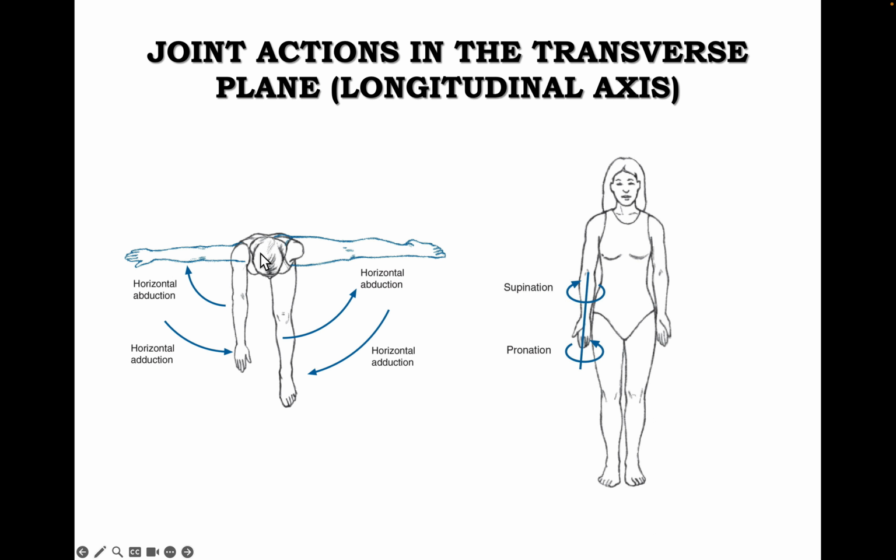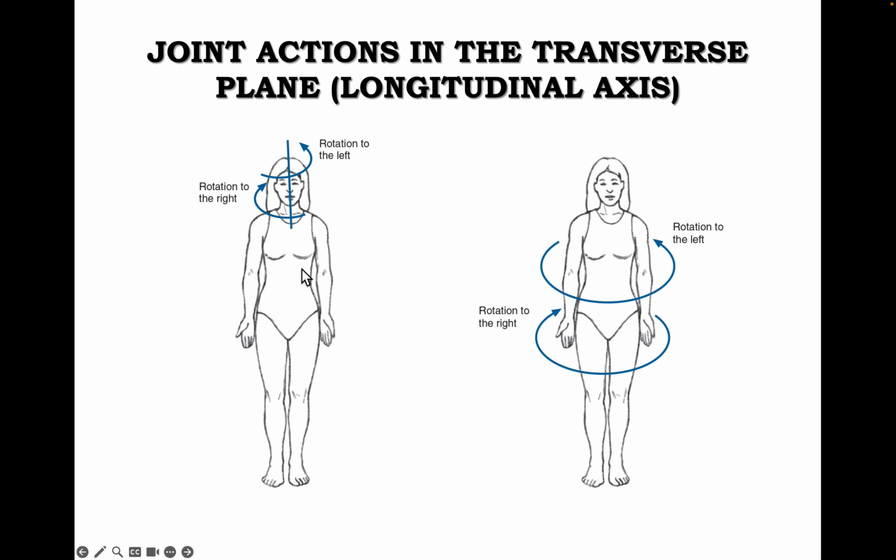Here's my midline, but since this is a top-down view, it's horizontal abduction. So horizontal abduction going away from the midline, horizontal adduction at my shoulder coming in. Likewise with my leg, horizontal abduction going away, horizontal adduction coming in towards the midline.